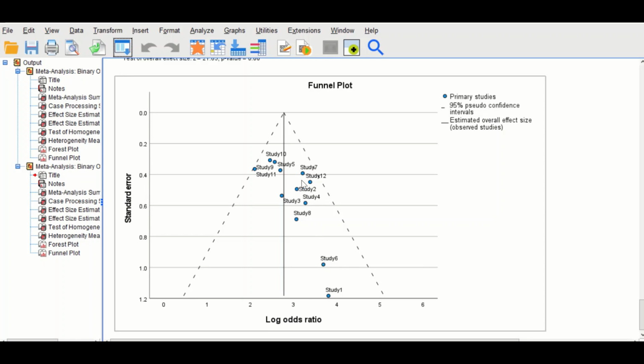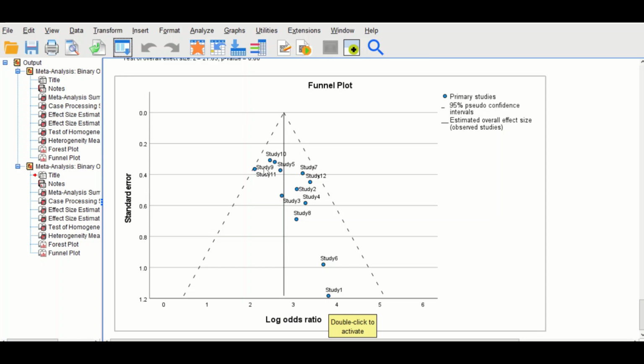And as we can see here, we have 1, 2, 3, 4, 5, 6, 7 above the pooled odds ratio, and there are 1, 2, 3, 4, 5 below.